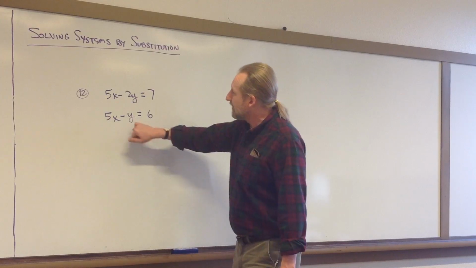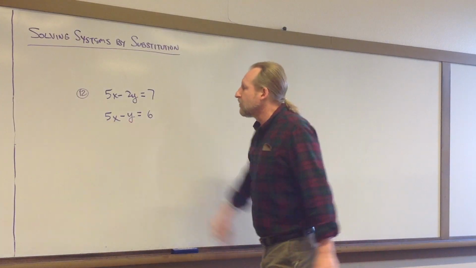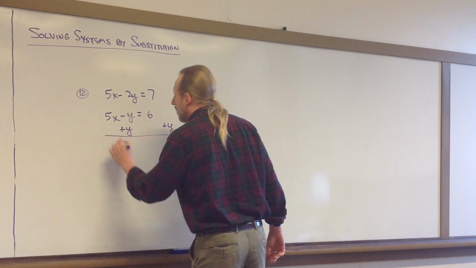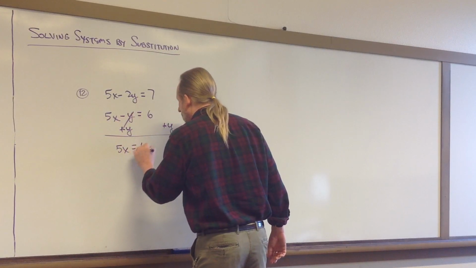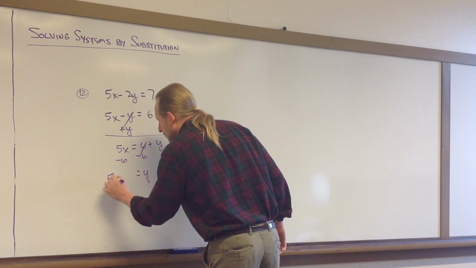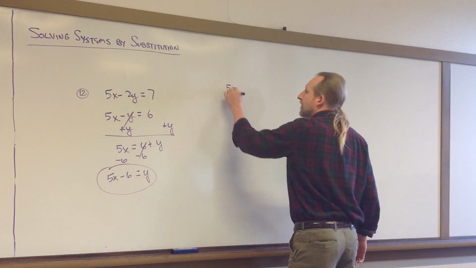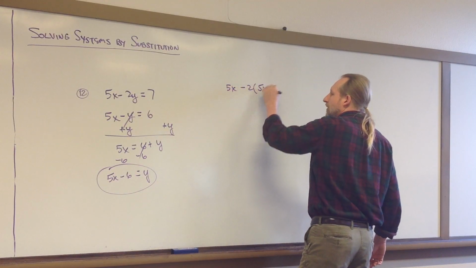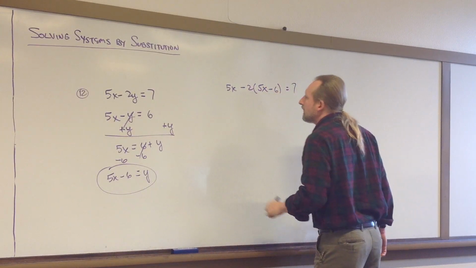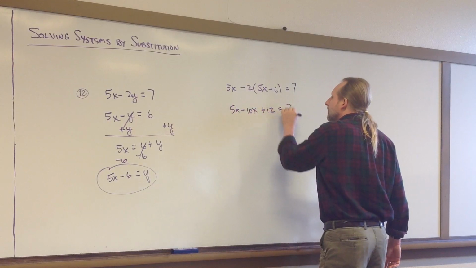So first off, here's a variable without a coefficient. It does have a -1 in front of it. So maybe I'll add it to this side and then subtract the 6 over. And so y is 5x minus 6. So then I'll plug that in up here. 5x minus 2 times 5x minus 6 equals 7. All right, so 5x minus 10x plus 12.